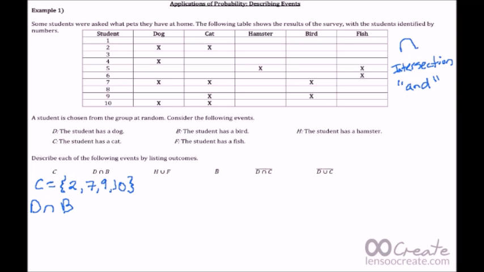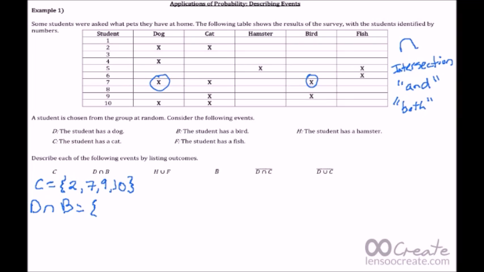We want whatever we put down in this list of outcomes. I'm going to put my bracket. This student needs to have a dog and a bird. So let's look here. Student 2 has a dog, but no bird. Student 4 has a dog, no bird. Student 7 has a dog and a bird.